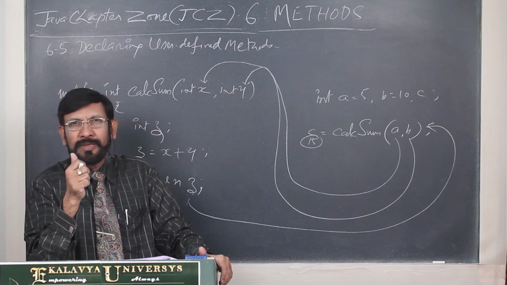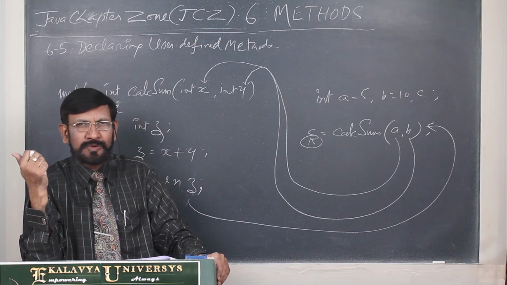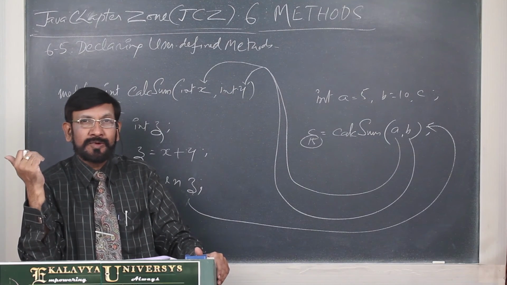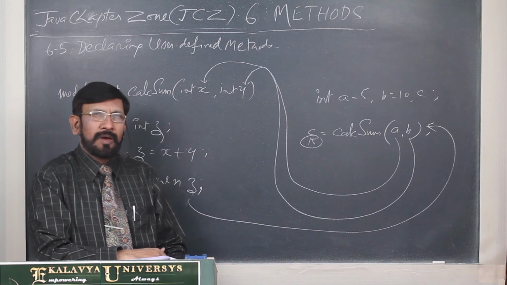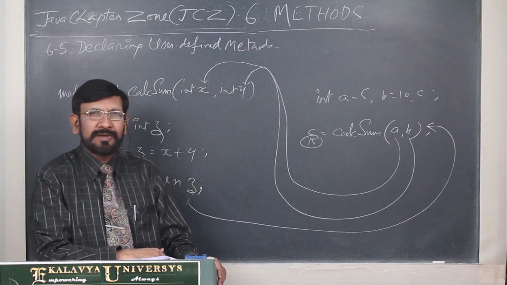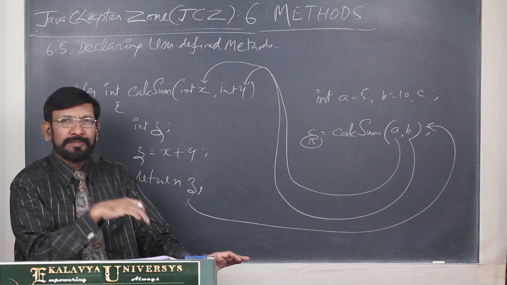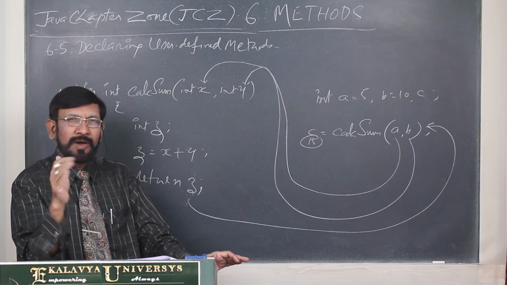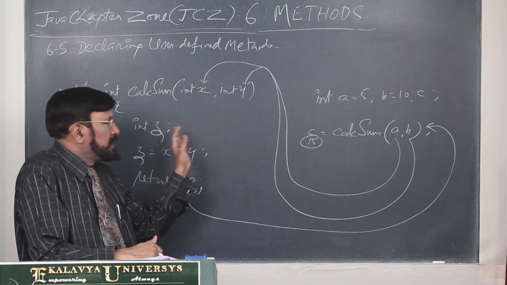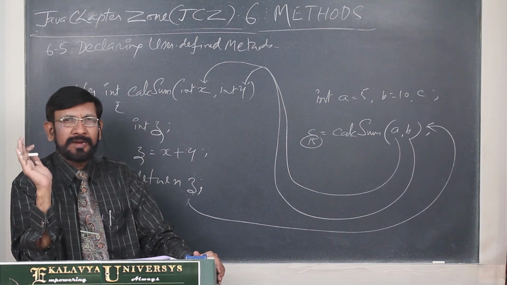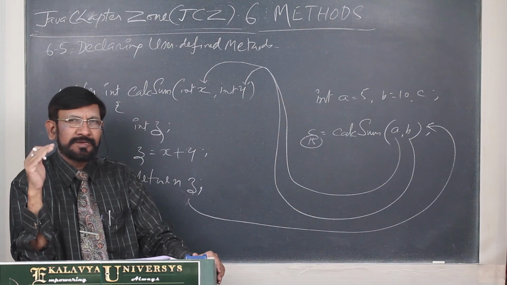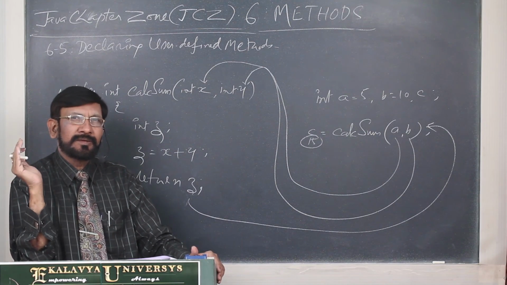Gradually, by experience, you can know which type of method to write, and then you should have perfect command over writing user defined methods. Only then, because a major part of the code of any program is embedded in the methods, will you be comfortable in writing Java programs by achieving command over writing methods.